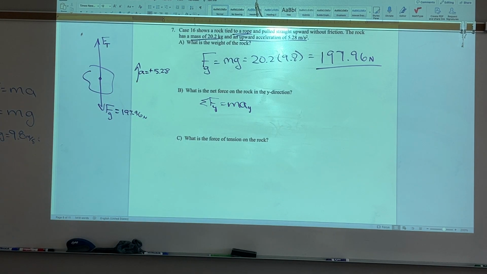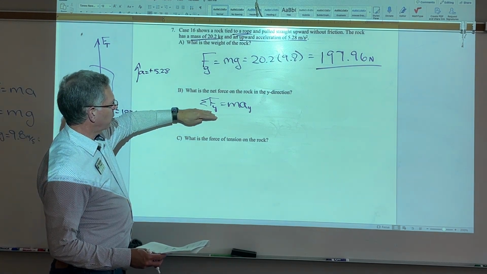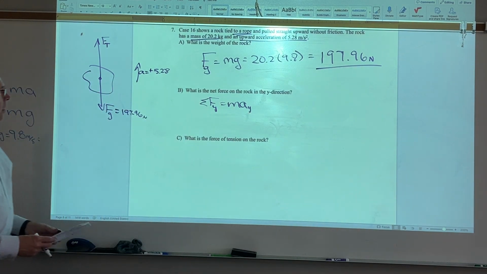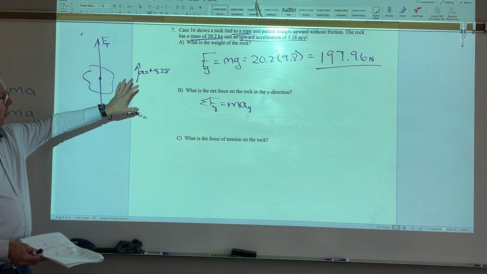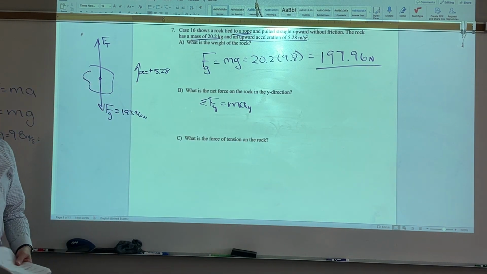It asks for the net force in the y direction. Net force in the y direction equals mass times acceleration in the y direction. Can I use the left-hand side and look at my two forces to find my net force, or do I have to look at the right side, mass and acceleration? Right side.